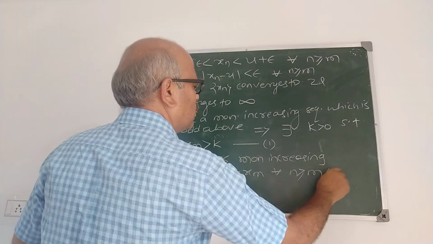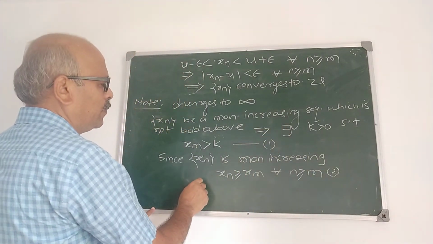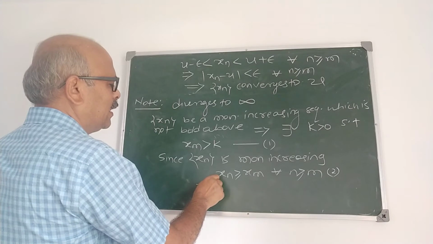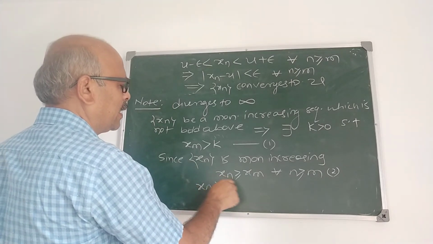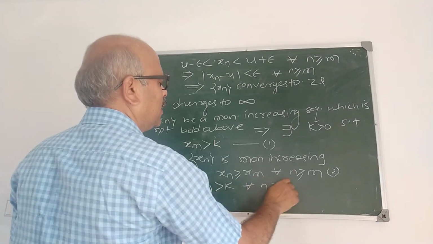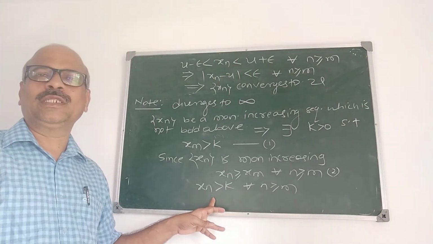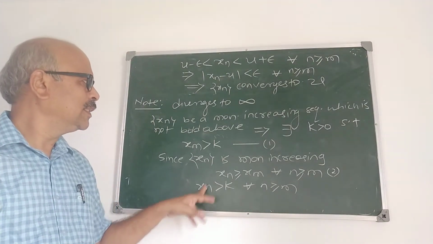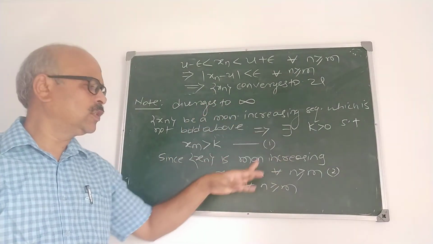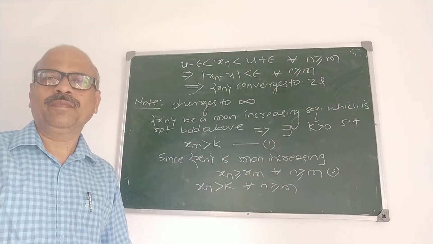Now take this as 2. From 1 and 2, what do you get? You will get xn is greater than k for all n greater than or equal to m. Now by definition of divergent sequence, the sequence xn diverges to plus infinity.